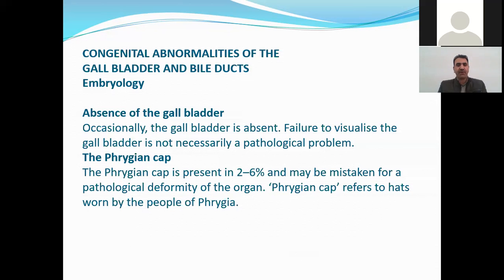Phrygian cap refers to the hat worn by people of Phrygia. يعني the gallbladder will be long enough to be suspended from the liver. Okay, يعني مثل القبعة الصغيرة, طالعة من الليفر سبستانس والفندس والبدي of the gallbladder is like a cap. يصير بشكلها مثل القبعة. Okay, it is benign, ما سوي لنا فد شيء للمريض.